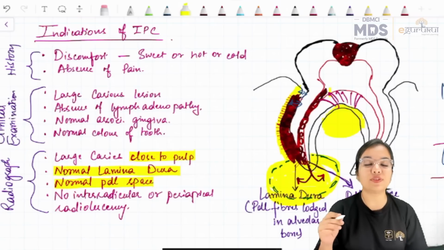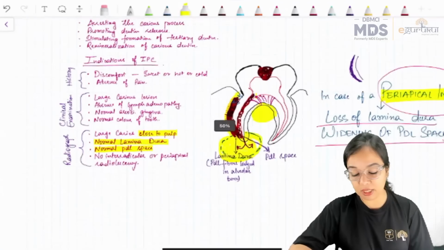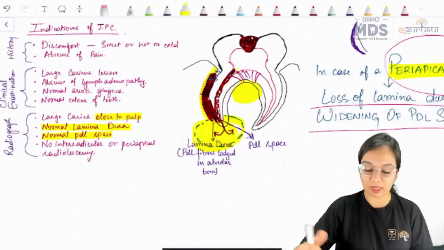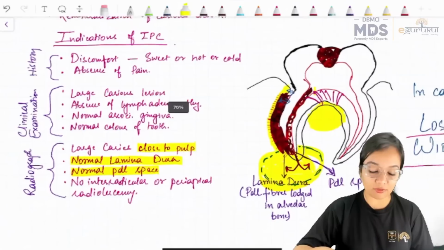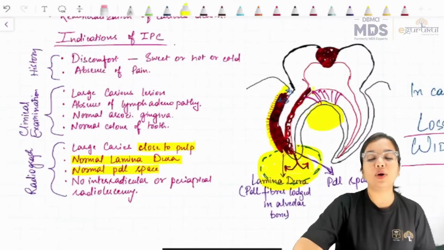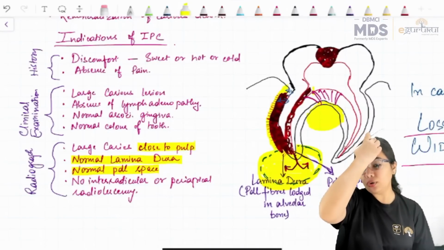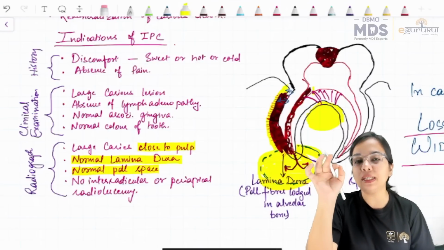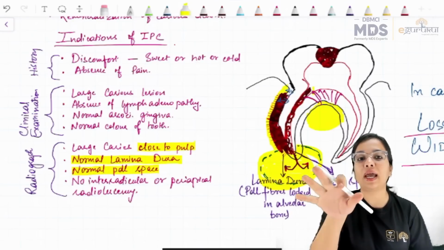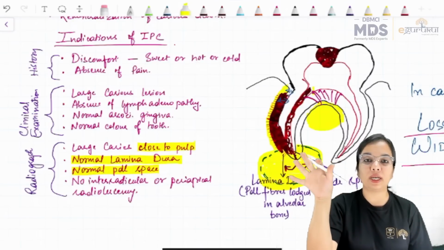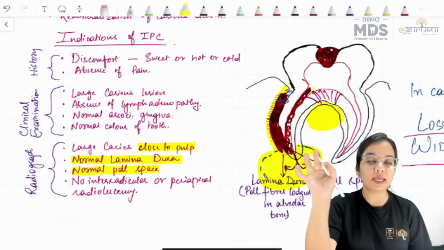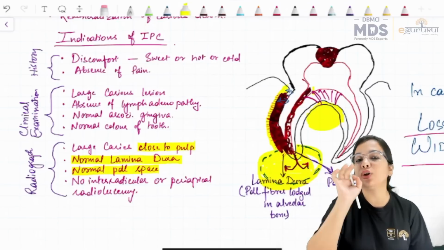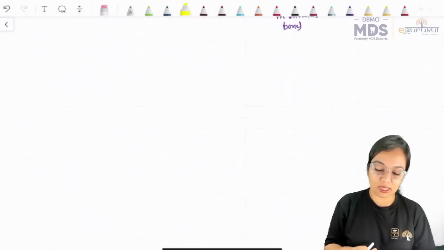If that is visible in the radiograph, there is no point in doing an indirect pulp capping. I hope I'm clear with the indications and contraindications of IPC. All you need to understand is there has to be a normal healthy pulp inside in order to cap it and keep it healthy or protected. If there are signs of an infected or damaged pulp, you cannot do an indirect pulp capping.